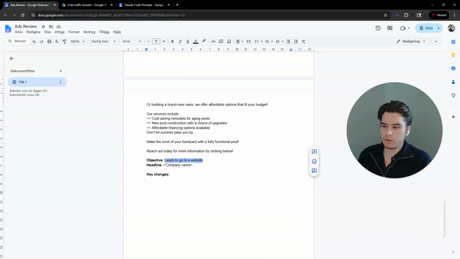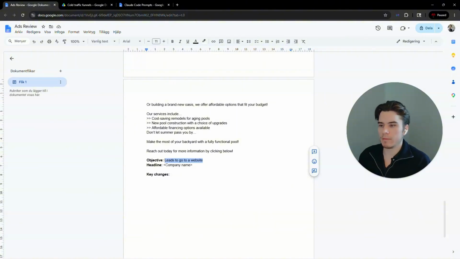And the thing about driving the leads or the people who see your ad to a website is that a website doesn't have any focus. What I mean by that is when they arrive on the website, they will see a bunch of buttons and a bunch of random stuff that is not directly correlated with what they saw in the ad.